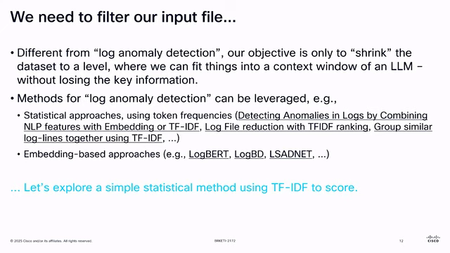I can cluster not only by attributes like statistical occurrence, which is what you would do with the statistical approaches, but even based on semantic correlation. That leads to approaches using embeddings for clustering, like LogBERT, LogBD, and the likes, so that you can filter further.